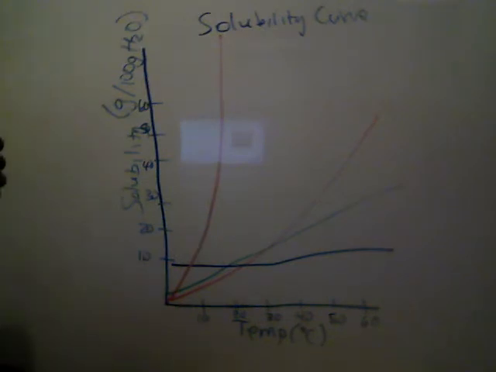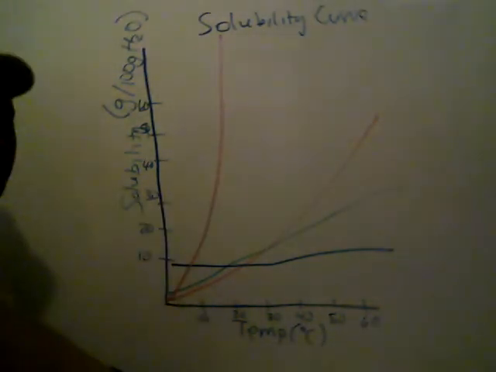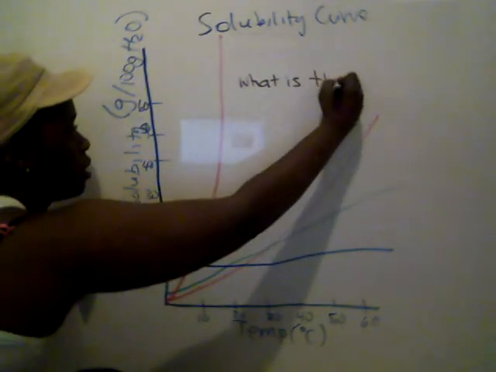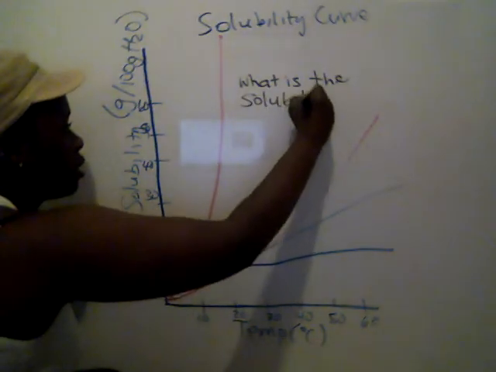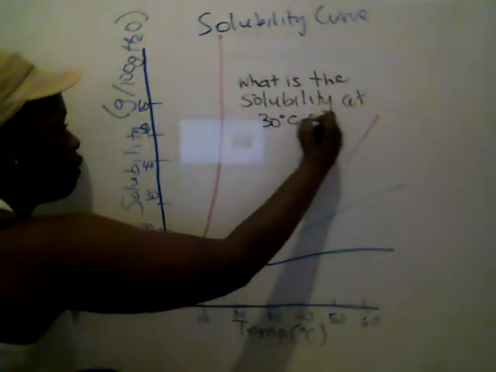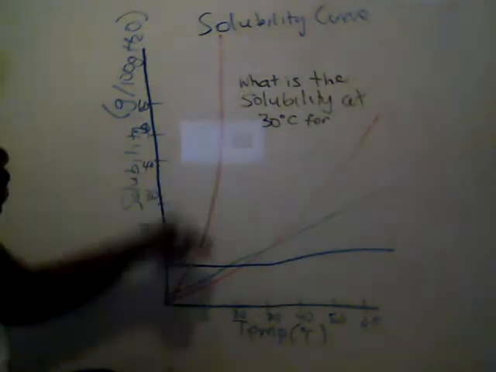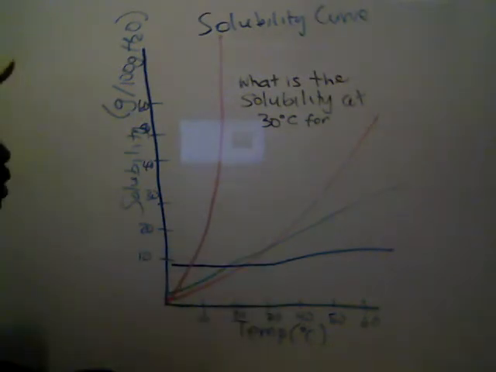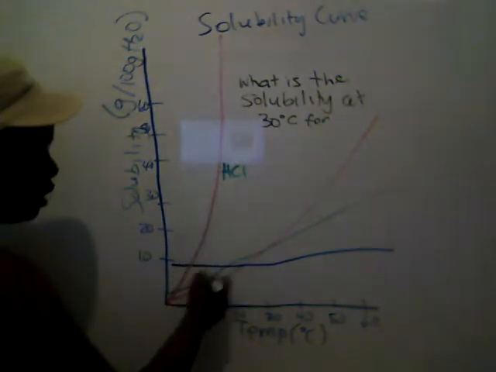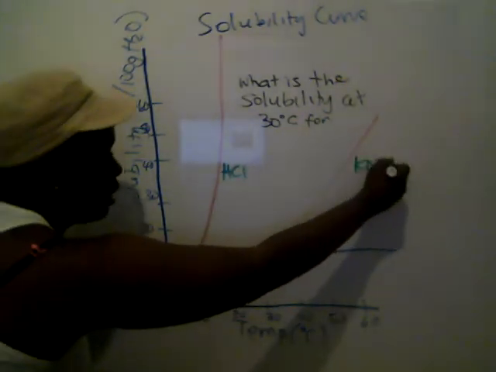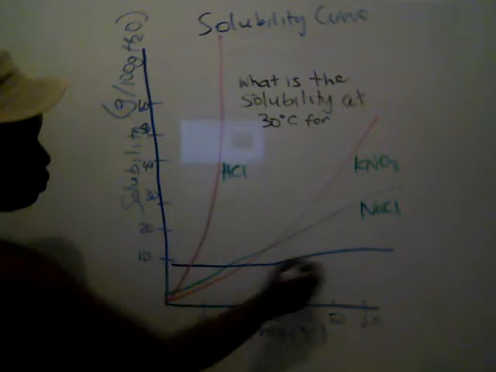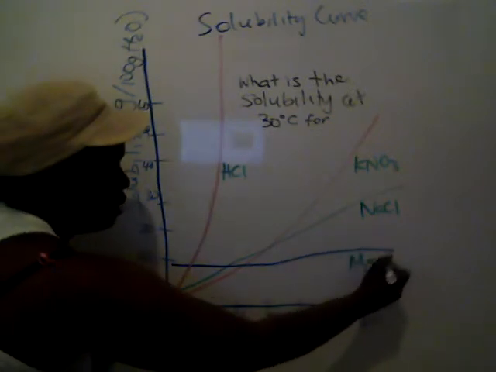The way that this would work is they could say, what is the solubility at 30 degrees for, and now one of the things with these curves is that they represent the solubility of different compounds. So I'm going to throw in some compound names. Let's say this is HCl. Let's say this red one here is the curve for KNO3. Let's say this green is the curve for NaCl. And let's say this blue is the curve for magnesium chloride.